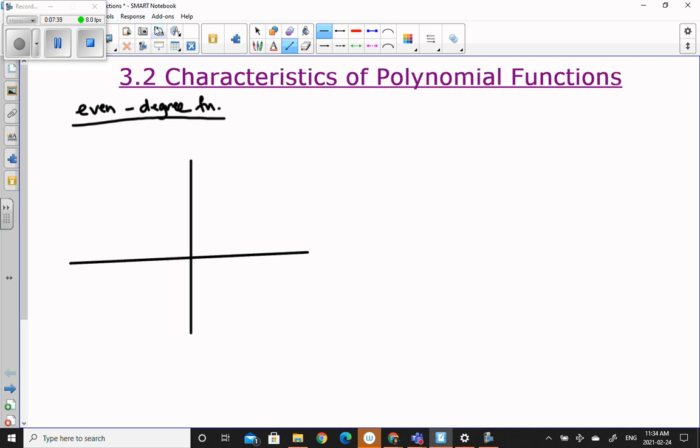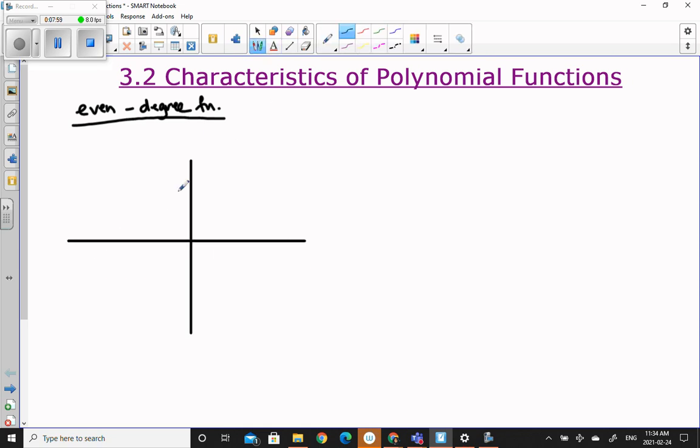Let's take the quadratic function. Okay, so let's say this is a y equals x squared function, parent function for quadratic function.